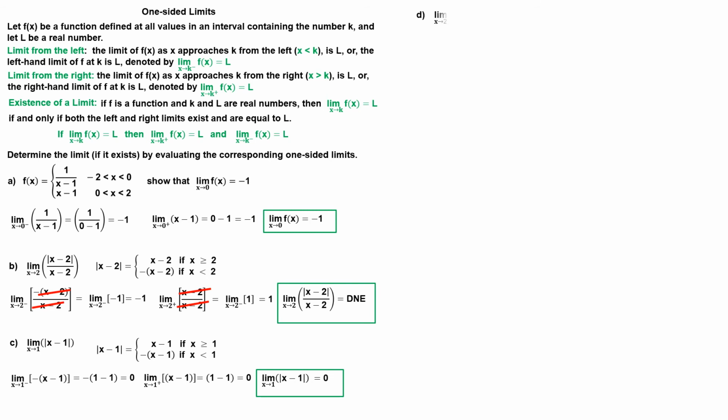Let's see another example. If x is greater than 2, then x minus 2 is positive, and the square root is defined. So, as x approaches 2 from the right, f is approaching the value of 0. But if x is less than 2, then x minus 2 is negative. Taking this limit would require us to consider the square root of negative numbers, an operation that's not defined.